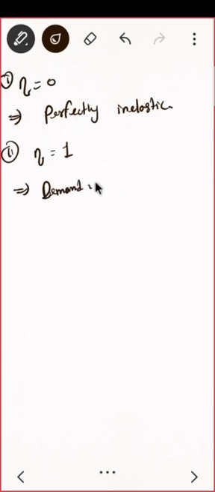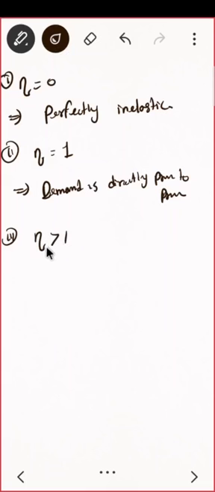that is, demand is directly proportional to price. And the third one is if your nu is greater than 1, then it is said to be elastic.